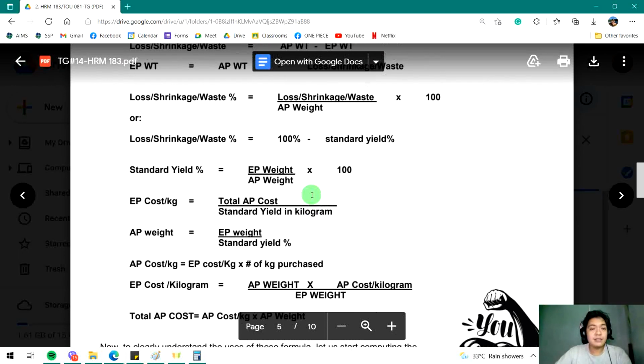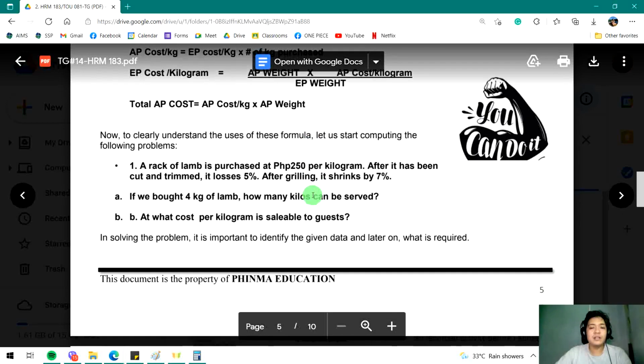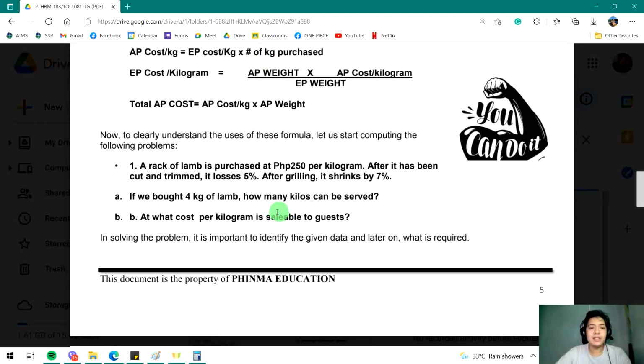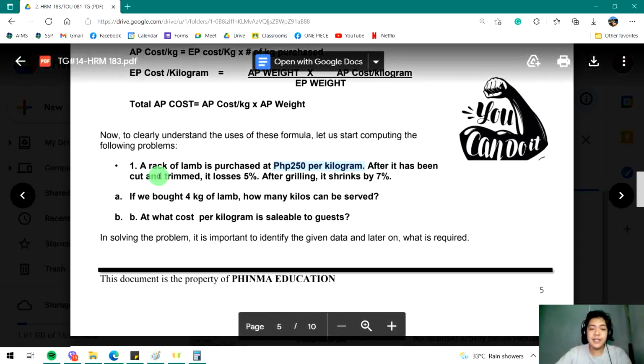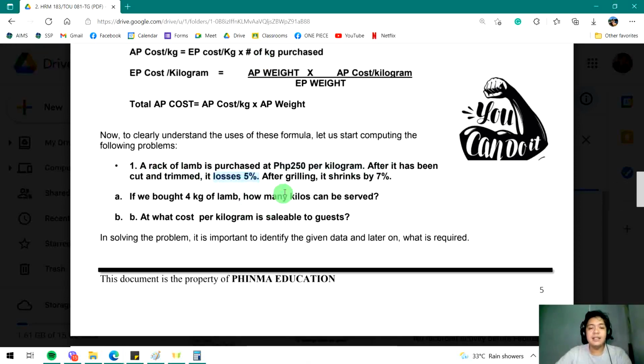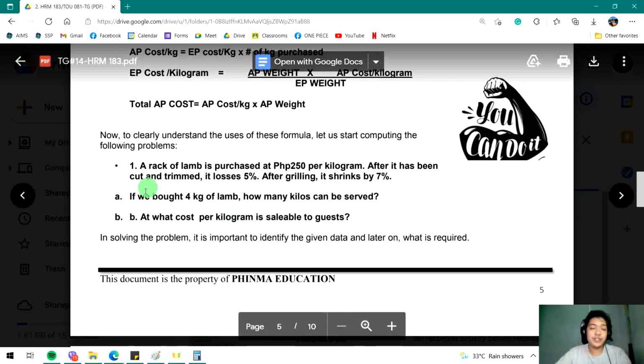And for us to better understand the formulas, we will conduct an example. So example number 1. A rack of lamb is purchased at 250 per kilogram. After it has been cut and trimmed, it loses 5%. After grilling, it shrinks by 7%. Ano yung mga kailangan natin gawin ngayon? Or ito yung mga questions.